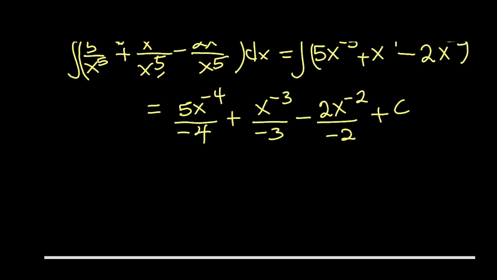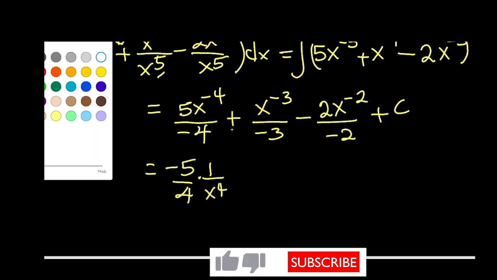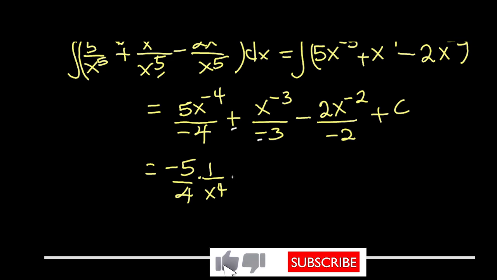Then the next thing to do now is to tidy things up. Just try to remove the minus. So this will equal, I'm going to isolate the numbers. So this is going to be minus 5 over 4, and this minus, I'm going to remove it, which will be times 1 over x to the power 4. And then if plus is minus, so it becomes minus here.